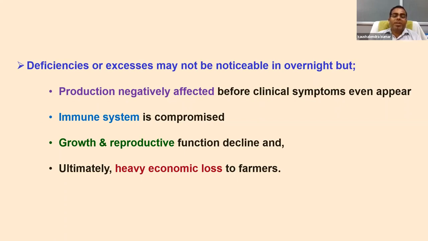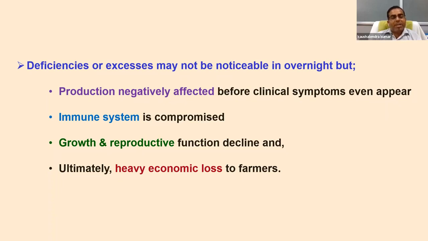By the time farmers see clinical symptoms or deficiency-related symptoms, the productivity of the animal has already gone down. The symptoms take a very long time to arise in the case of mineral deficiency or excess.